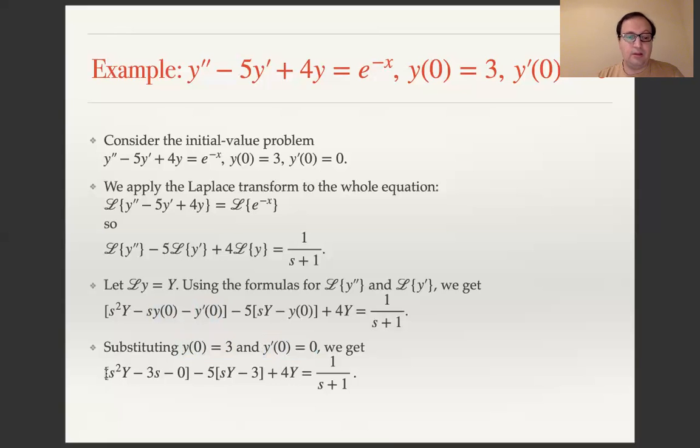And we get this equation: s squared times capital Y minus 3s. And then y prime of 0 is 0, so it doesn't matter. And then minus 5 times sY minus y of 0, which is 3, plus 4Y is equal to 1 over s plus 1.